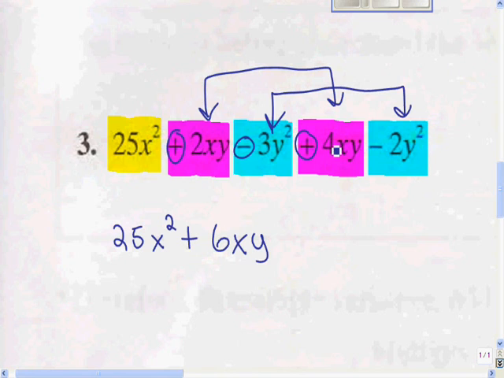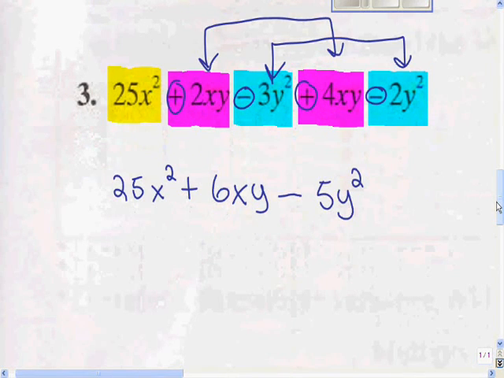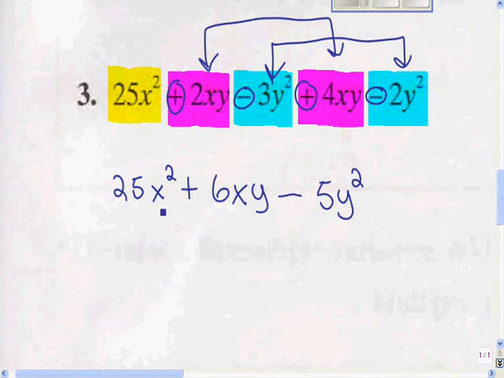Well, look at the signs. Our signs are the same. So I'm going to add 3y squared plus 2y squared gives me 5y squared. But since both the signs are negative, I know that my answer is going to be negative. Okay? Now, let's see. Are they in the right order? Let's check. Alphabetical order. X comes first, then xy, and then y. That's the right order.